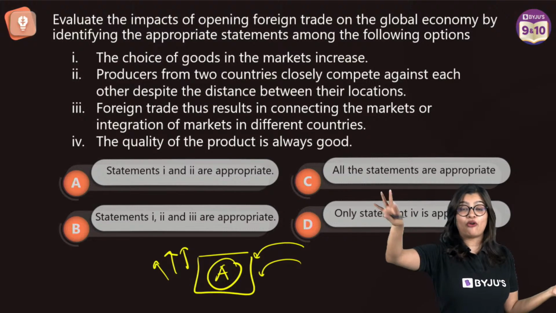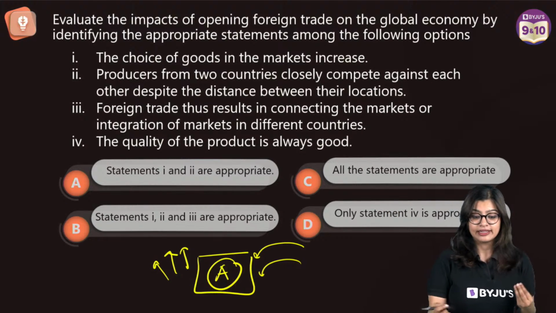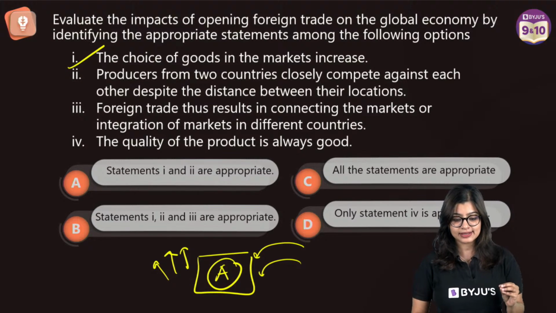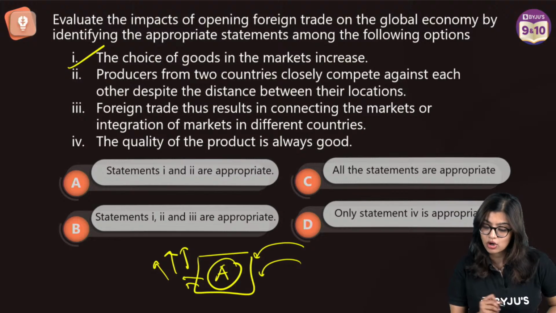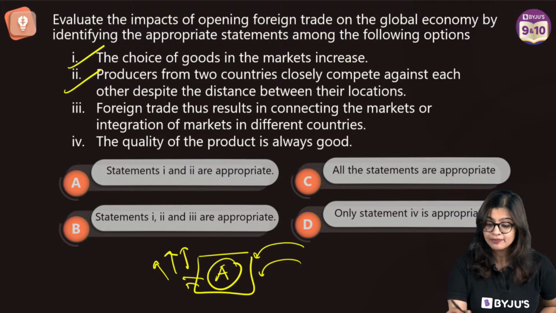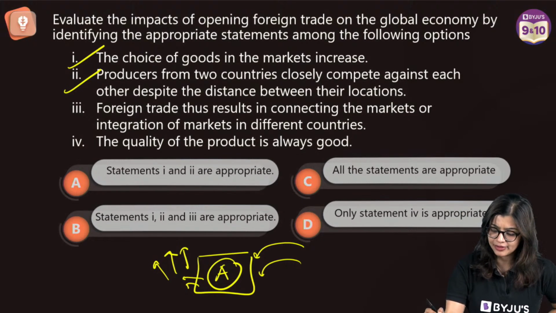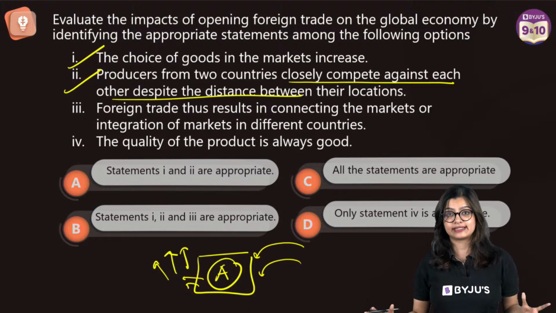Now we have some foreign toys coming in, so people will be like, oh, that looks good. For the consumer, yes. So the choice of goods in the market will increase. Now, at the same time, what will happen? There is not just internal competition, but there is external competition also, right? So producers from 2 countries will closely compete against each other despite the distance.